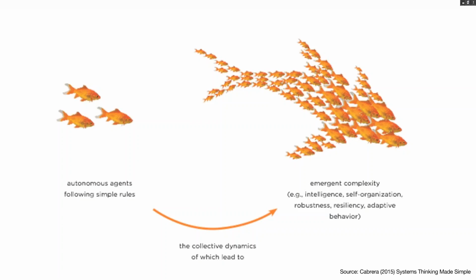Those individuals functioning together, following simple rules, lead to an emergent complexity within the group. We talk about that as self-organization, a variety of adaptive behaviors. In our case, when we're thinking about thinking, that emergent complexity is the thinking process itself.